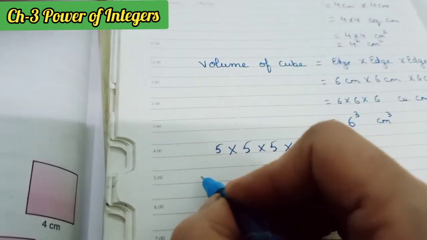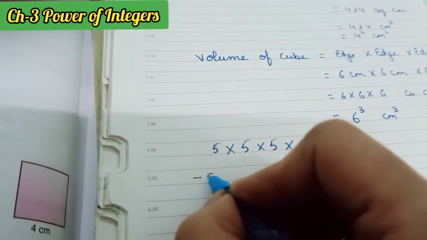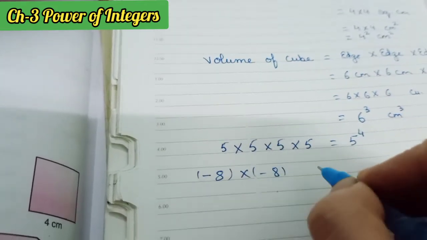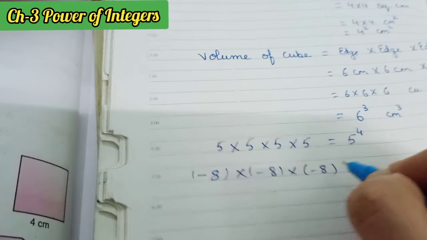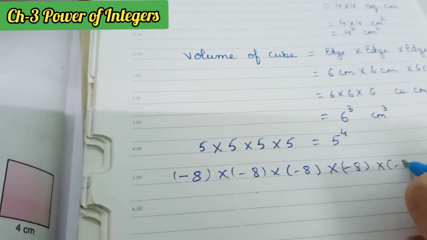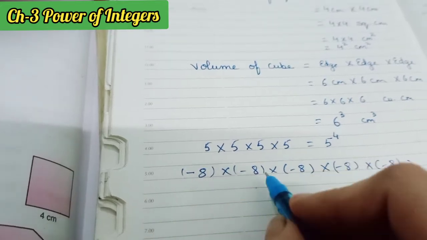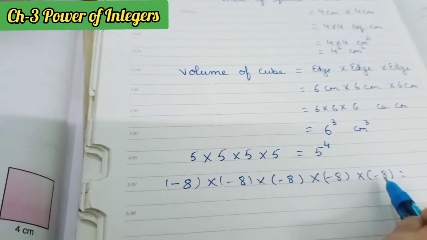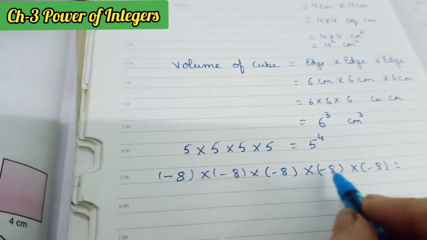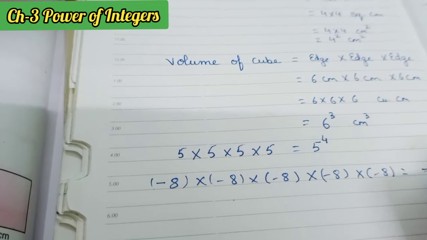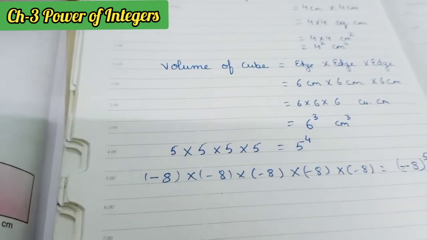Similarly, if you take negative integer, minus 8 multiply minus 8 multiply minus 8 multiply minus 8 multiply minus 8, that means minus 8 is the integer, and that is multiplying by itself 5 times, so we will write minus 8 to power 5.